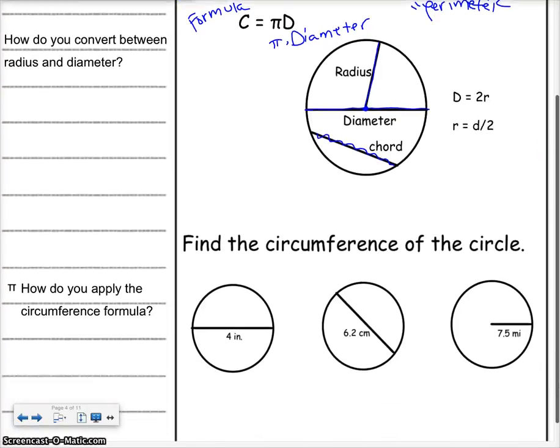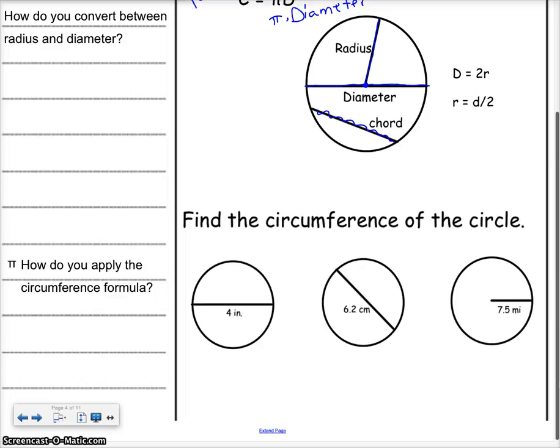Okay, so we are going to find circumference in two different ways, and if you have room to the left of your circle here, write this down. There's an exact way and there's a rounded way.